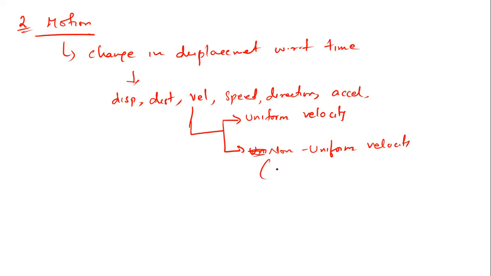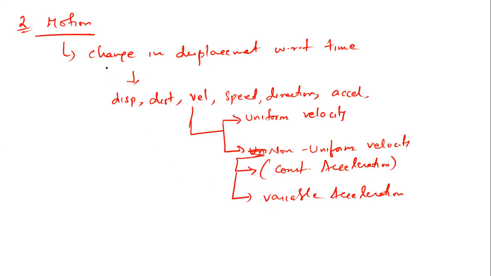Sometimes we also call this constant acceleration. So broadly, if you want to classify, you can say something like this. And if you still want to classify non-uniform, there are two ways once again. The first one is non-constant acceleration. The second one is variable acceleration. So this is how the entire mind map goes.